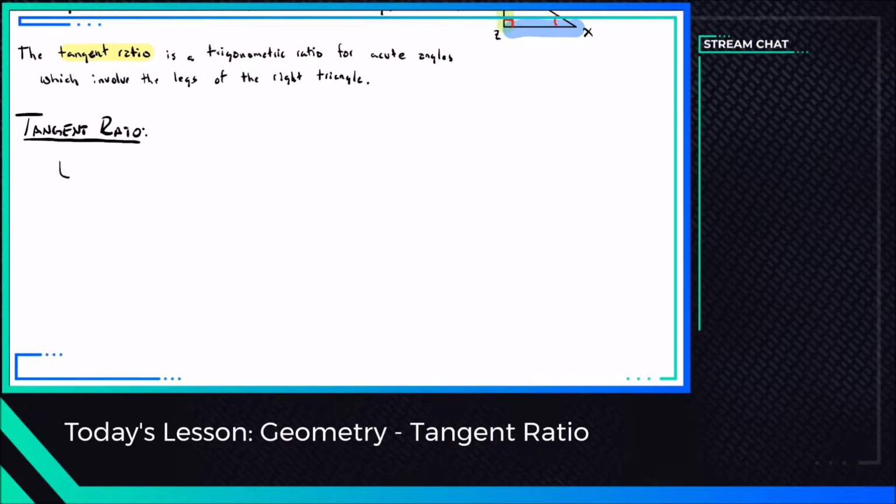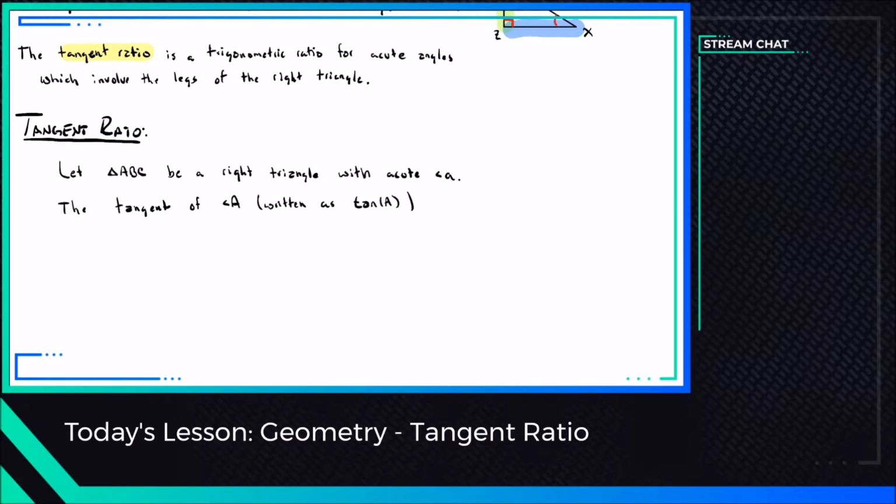Let triangle ABC be a right triangle with acute angle A. So the tangent of angle A, written as tan A, and now you'll see some people put the angle in parentheses.